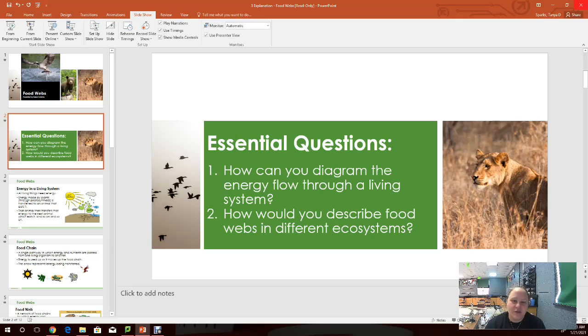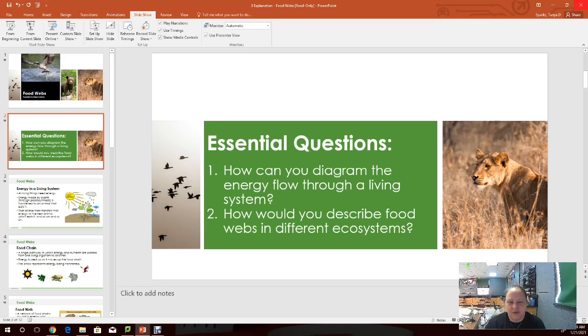How would you describe food webs in different ecosystems? Food chains are just one straight line, like grass, grasshopper, frog, and then hawk. A food web is multiple food chains put together.